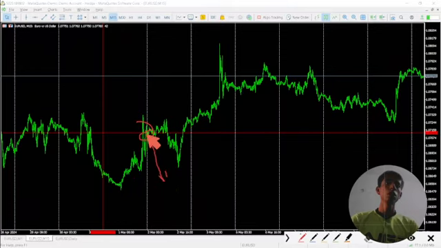But you can see the consolidating, even in this minute 15 chart. There was an indecision between the buyers and the sellers, and then it went down. But again, we need to wait for a retest even after the consolidation.